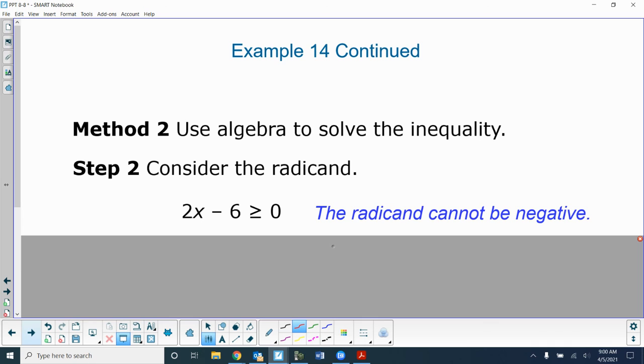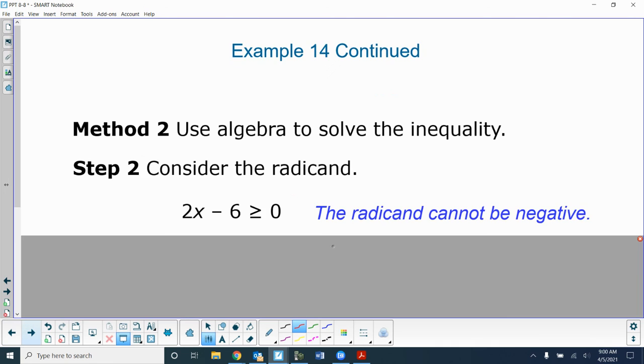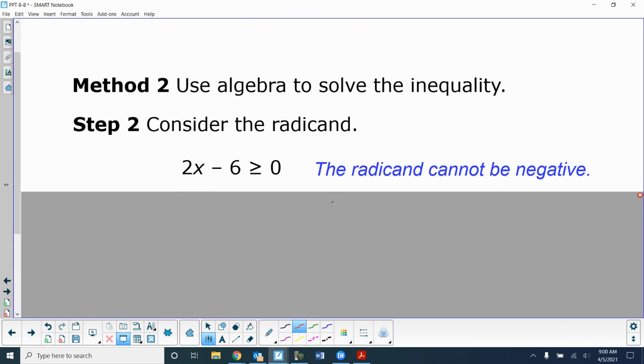Greater than or equal to 0, right? Which means what type of numbers are greater than or equal to 0? Positives, right? So this number could be 0 or positive. That's okay, because what's the square root of 0? 0, right? We just can't have the square root of a negative. So that's why whatever's underneath the radical sign is greater than or equal to 0. That's the problem you have to do for the other side of your inequality.